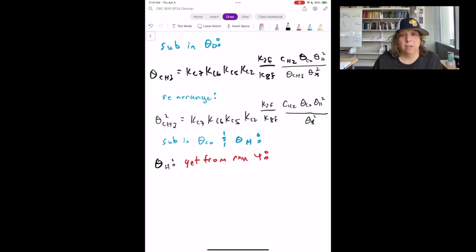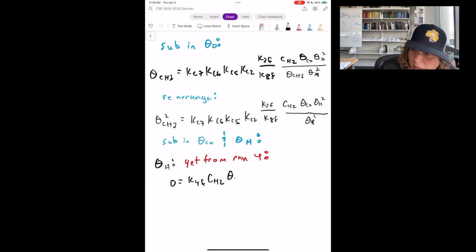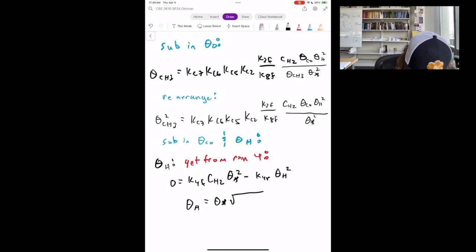So we'll say K4F CH2 theta star squared minus K4R theta H squared. That gives me theta H is equal to theta star times square root KC4, CH2.